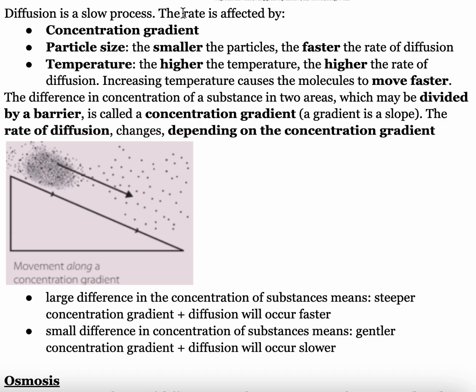The rate is affected by 1. the concentration gradient, 2. particle size, 3. temperature. So basically, the particle size, the smaller the particles, the faster the rate of diffusion. And why is this?